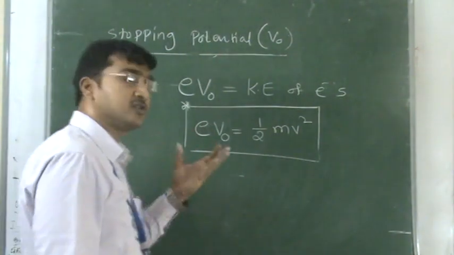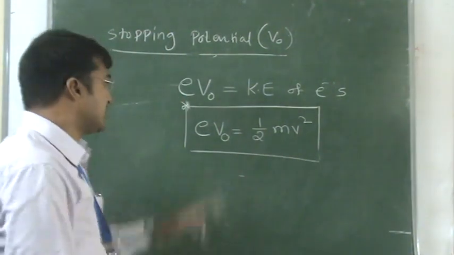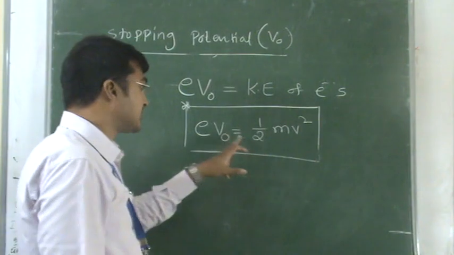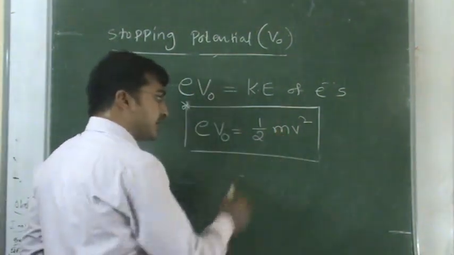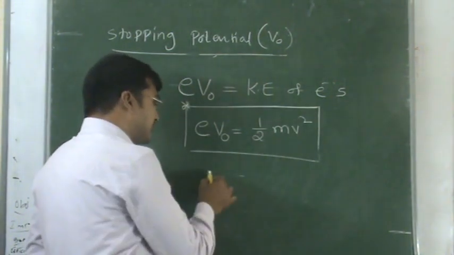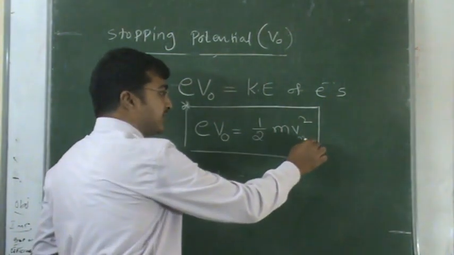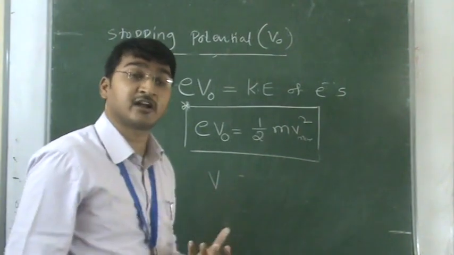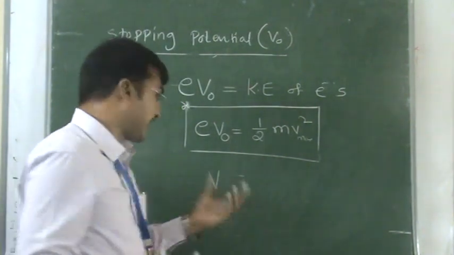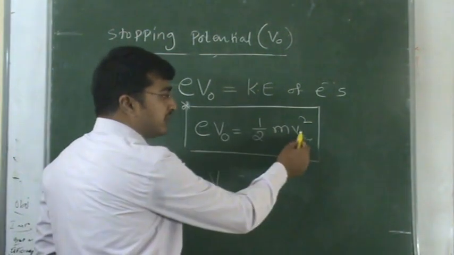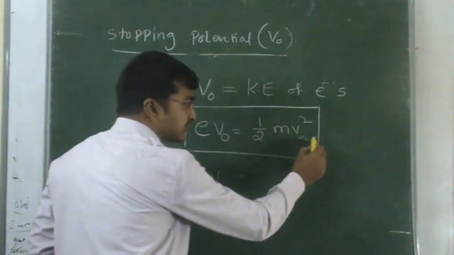In a competitive point of view, it's a very useful equation. So eV0 is equal to the maximum kinetic energy of the electron. Here we can also take one more equation: what is the maximum velocity of the electrons ejected from the cathode? From this equation we derive the equation for v.